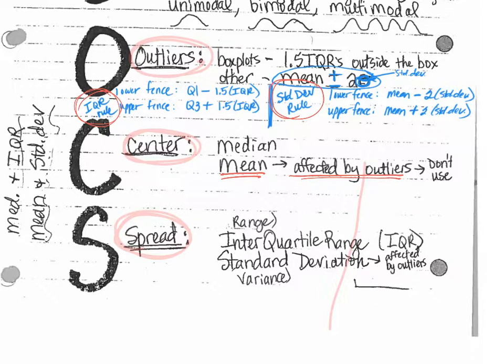So if you have skew or if you have outliers, then you should use the measure that is resistant and not affected by outliers. So the median is resistant to outliers, therefore we would use median.